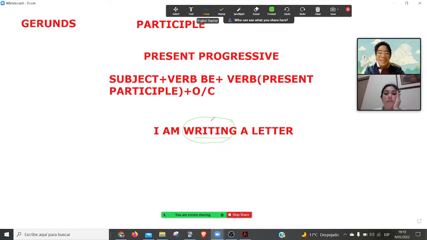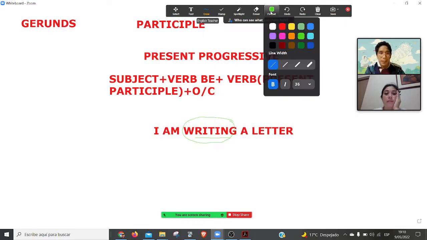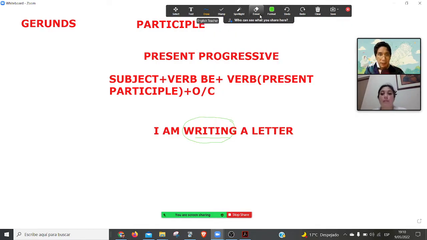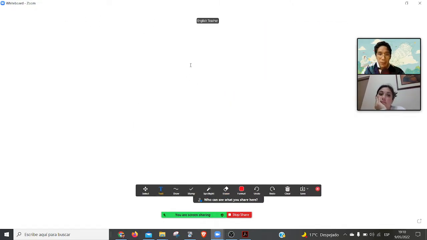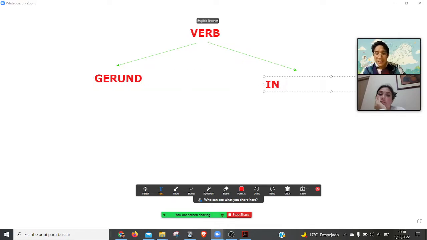Of course, this is not the gerund. Next part. Okay, so I'm gonna delete this one, and we're going to focus on the gerund. In this part, we're going to divide the verbs into two groups: verbs followed by the gerund and verbs followed by the infinitive.